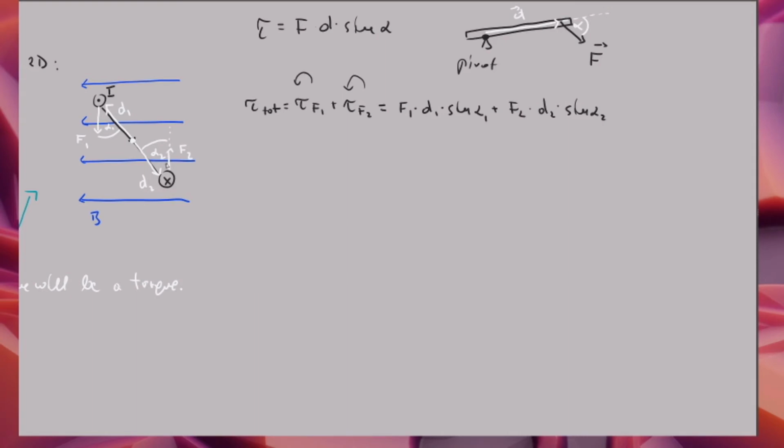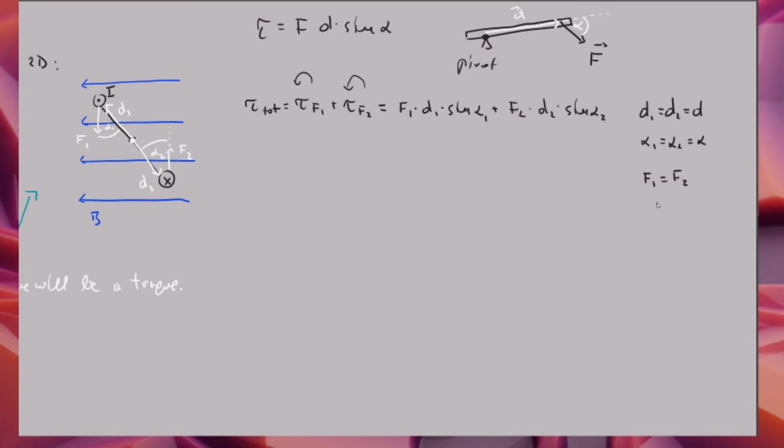From the picture, it should be pretty obvious that D1 is D2, so we will just call this D. It should also be obvious that alpha 1 equals alpha 2, and we will just call this alpha. Further, both of the forces will have the same magnitude. F1 will equal F2.